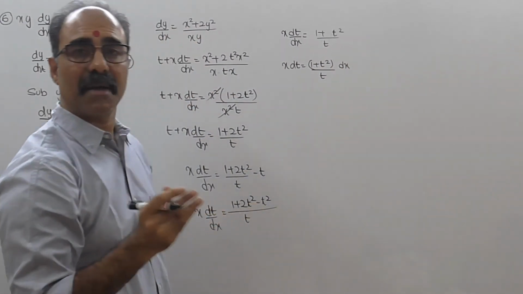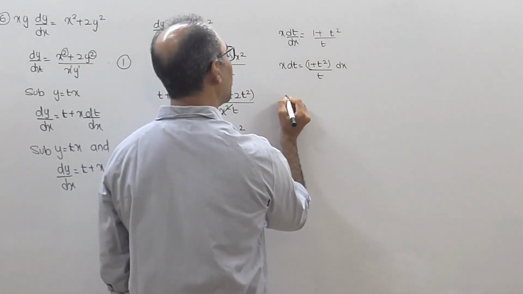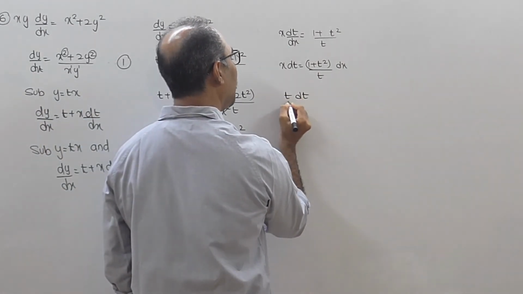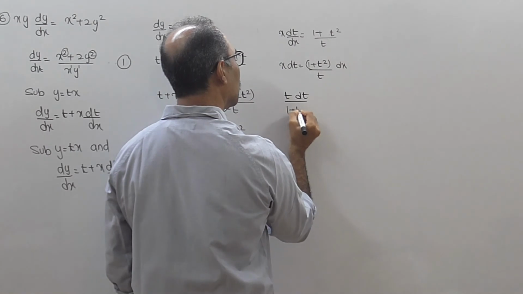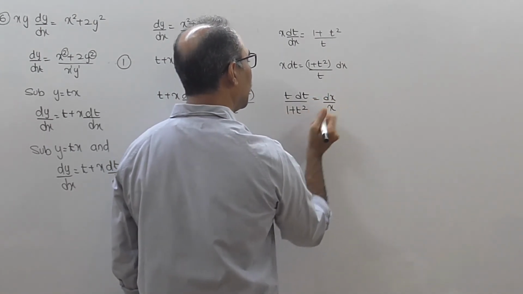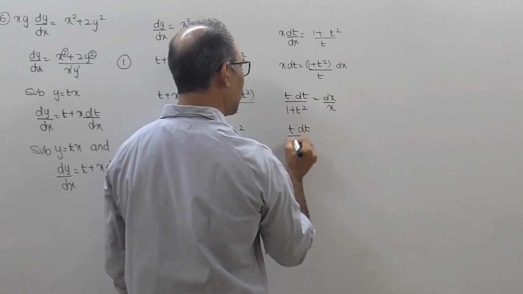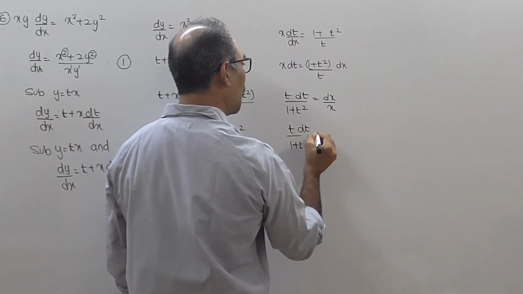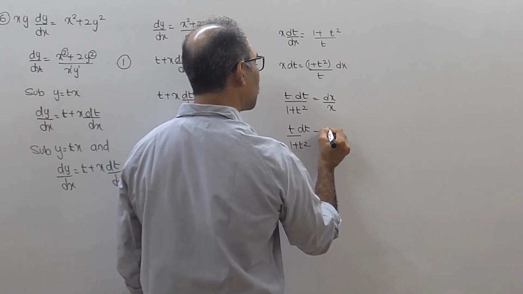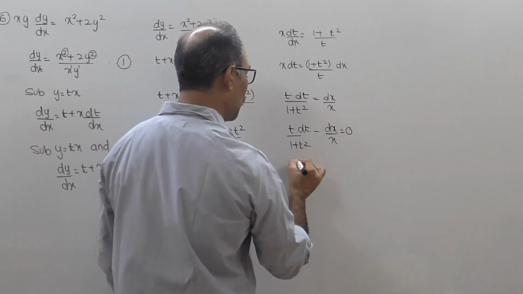Now do the grouping, take all x terms with dx and t terms with dt. So we get t dt upon 1 plus t square equal to dx upon x. This becomes t dt upon 1 plus t square minus dx upon x equal to 0.